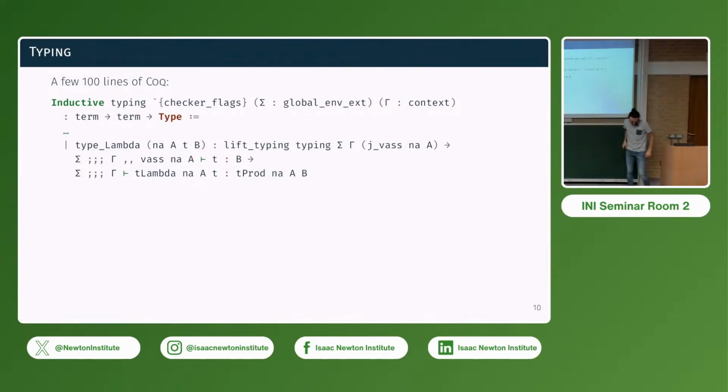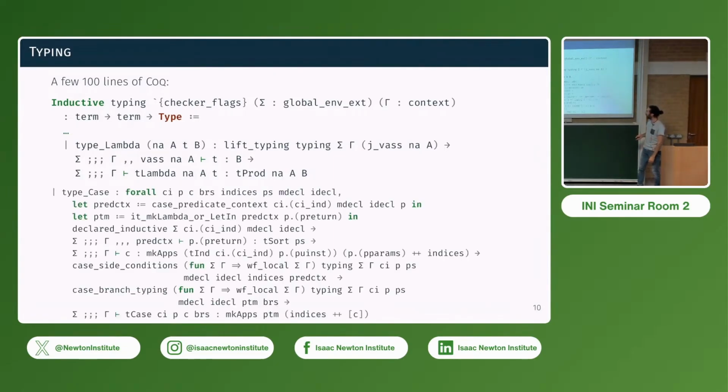Yes, I didn't include it. This is context extension, so this is parenthesizing the Gamma and the whole thing. Yeah, it's another defined notation for context extension. Yeah, sorry.